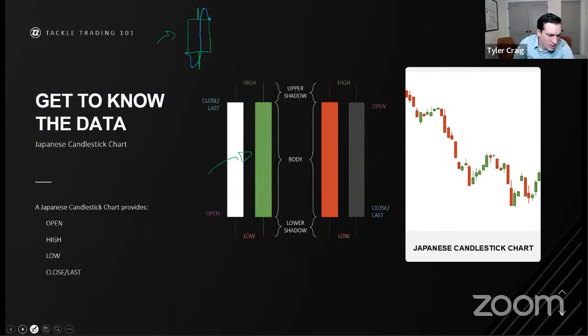So the red bar would have been basically we opened here on the day. At some point, we went up to here. We went down, down, down, down, down, and then we came back and closed right here. Well, how would you draw the bar? Well, the body is the difference between the open and the close. Make a box. And then at some point, we did go higher, so let's draw a wick there. And we did go lower, so let's draw a wick there.